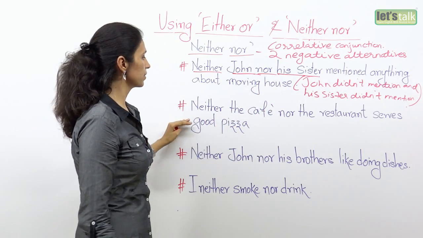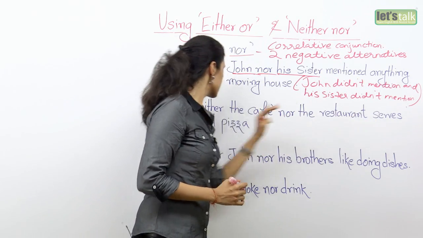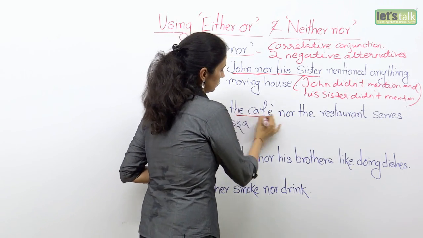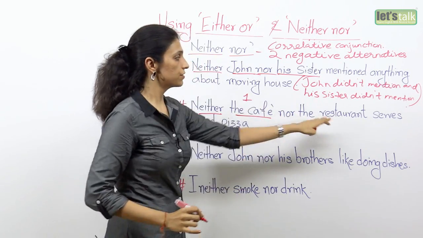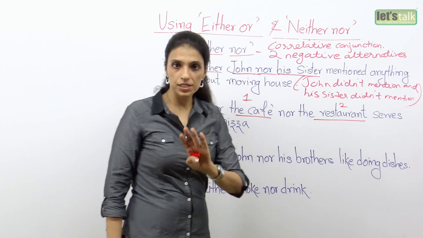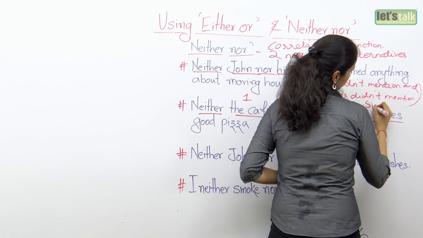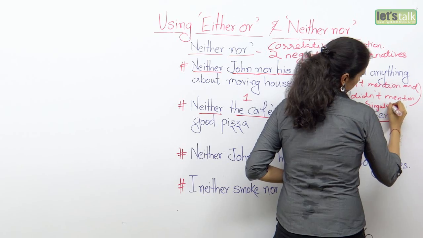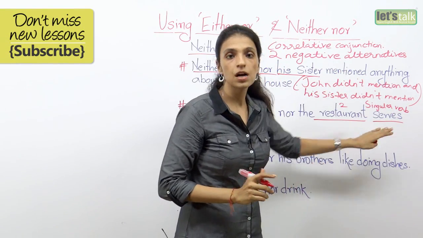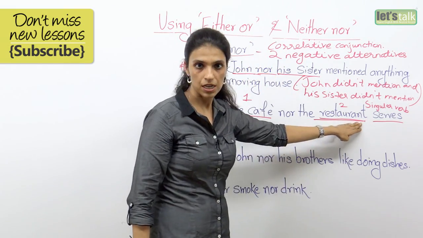Now my next example: neither the cafe nor the restaurant serves good pizza. So neither the cafe, the first alternative, nor the restaurant serves. Now if you notice, I have put a singular verb here because restaurant is a singular noun.